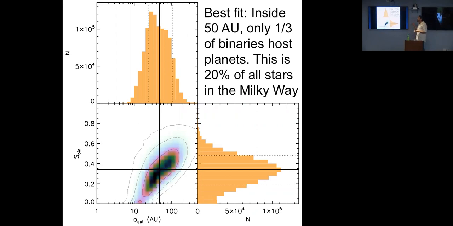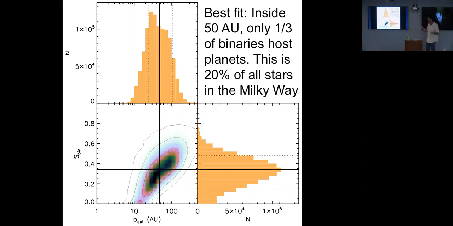It is worth noting that we can't distinguish something that's intrinsically short period, small orbit from something that is wide but seen close in projection as it orbits through at the time we're observing. So there is some degeneracy between these numbers. You can push your cutoff outward to say it's inside of 100 AU and then have a less severe suppression, so a factor of 2. Or you push it inward to 15 AU and have the suppression be 100%.